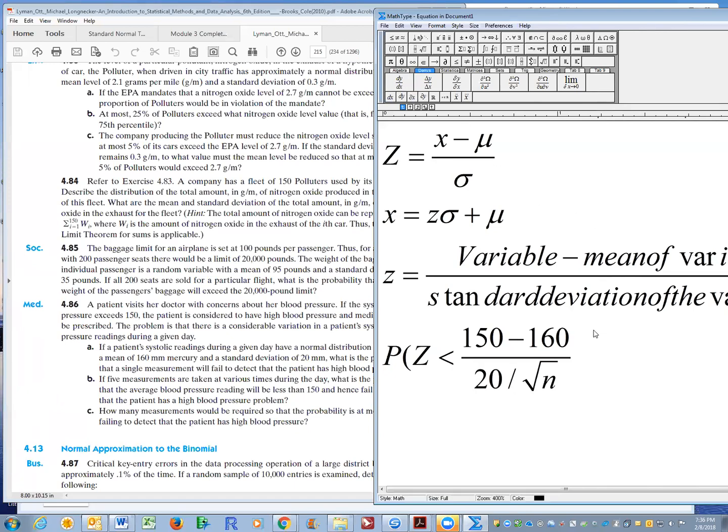And that equals 0.01. Okay, so are you okay up to that point? Yes, I'm fine up until that point, but I don't know what to do with that to find n.